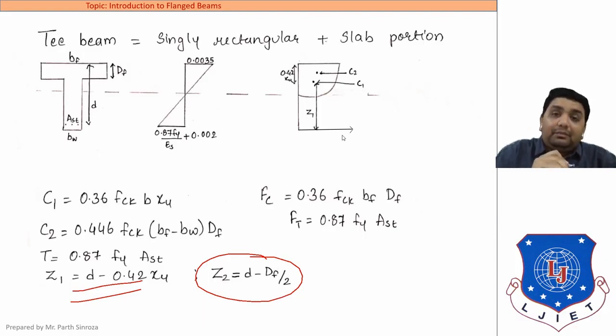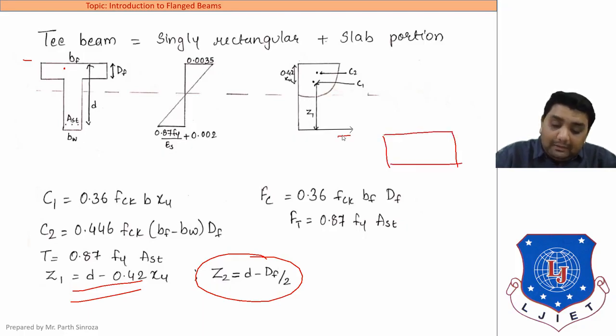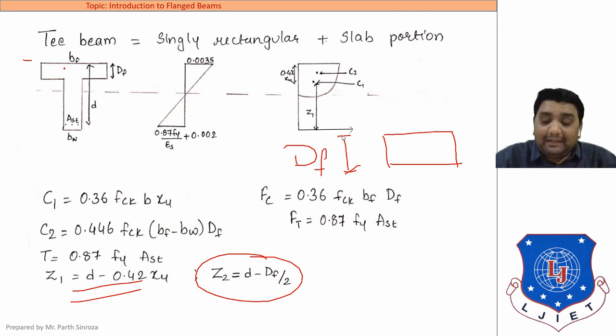As the depth of slab is df and it is a rectangular section, the CG will be at the center of df, so the distance from the top layer will be df by 2.